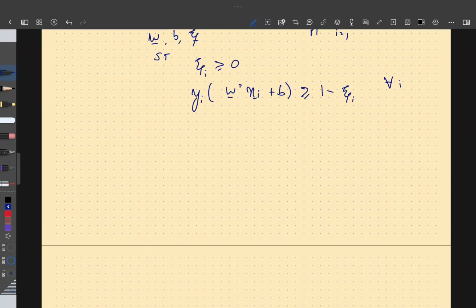W is again a linear combination of the data points, and it's a linear combination of only those data points which actually determine the separating hyperplane. In particular, it can only depend on those. So firstly, it can depend on those points which define the marginal hyperplane.